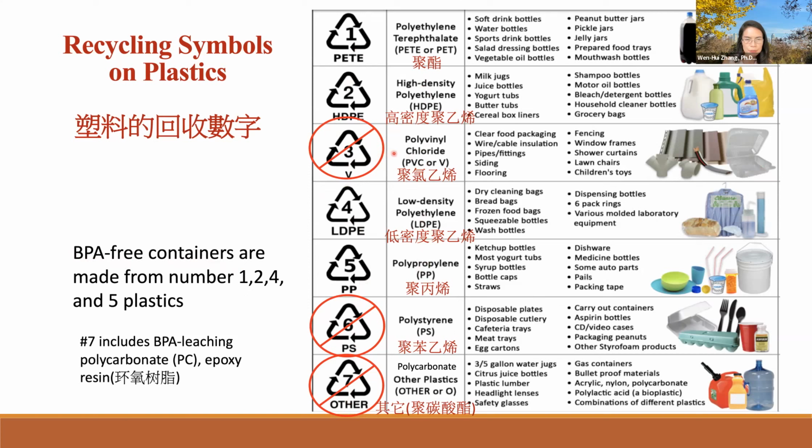And number 3, 6 have a high chance of containing BPA, xenoestrogens. And number 7, it's polycarbonate and other plastics, so it could have BPA too.